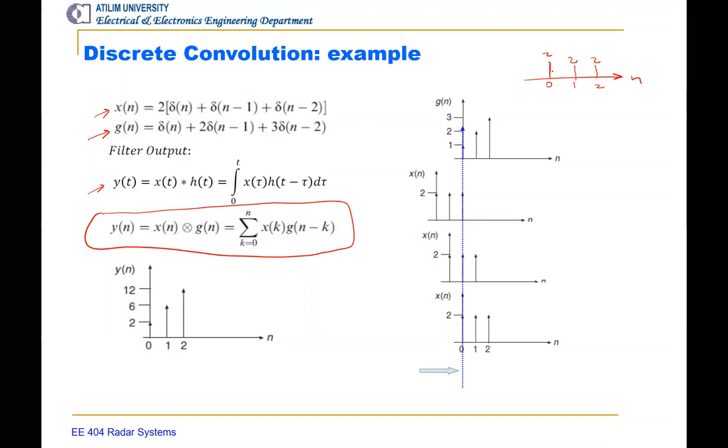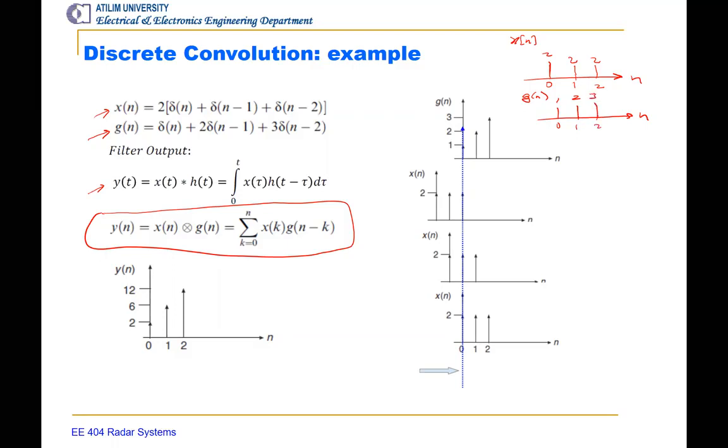Okay, and this is x of n. And for g of n, it's at 0 it's 1, at 1 it's 2, and at 2 it's 3.